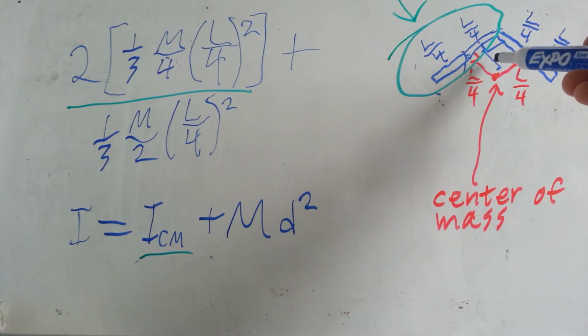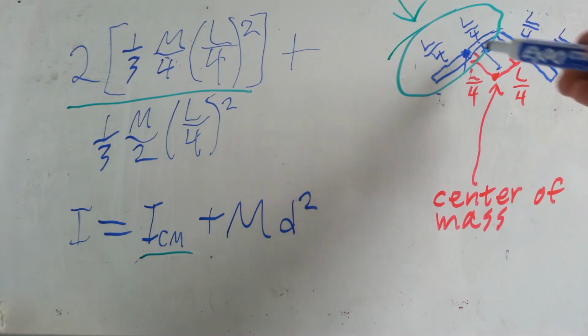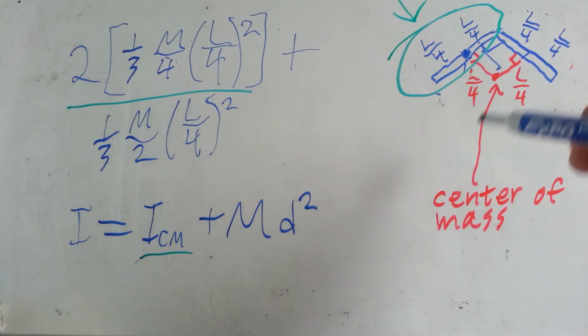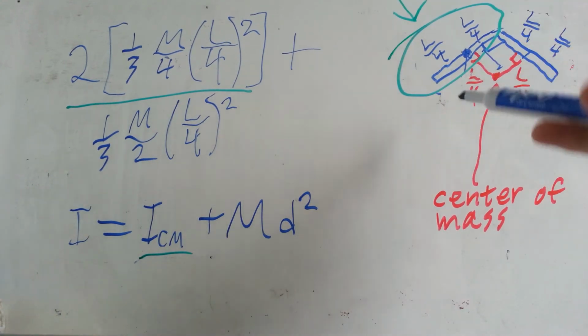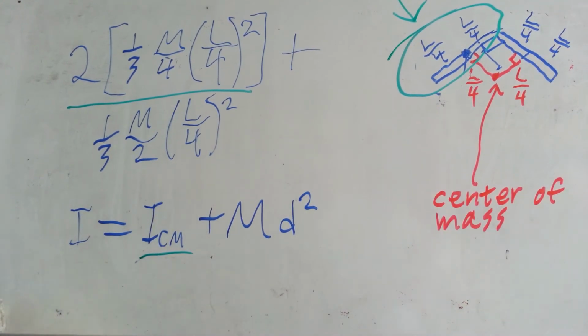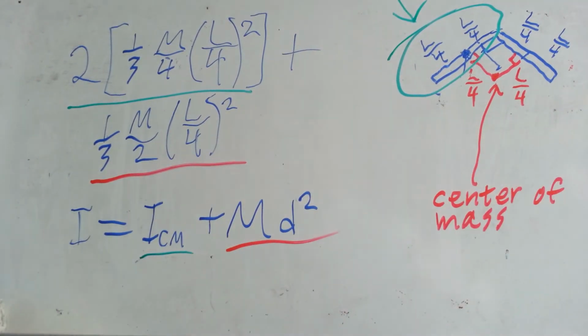Because that's what D is. D is the distance between the center of mass and the center of rotation. It's unfortunate that they're the same because that makes it confusing, but they are different pieces.